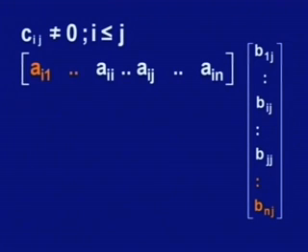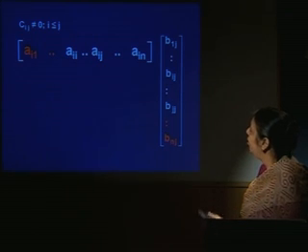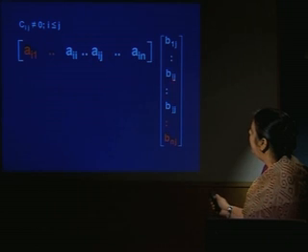Here, since i is less than or equal to j, one may notice that Ai1 comes first, then Aij. So, all these elements are 0, but these elements are not 0. The same thing appears here, B1j comes first and Bjj comes next.